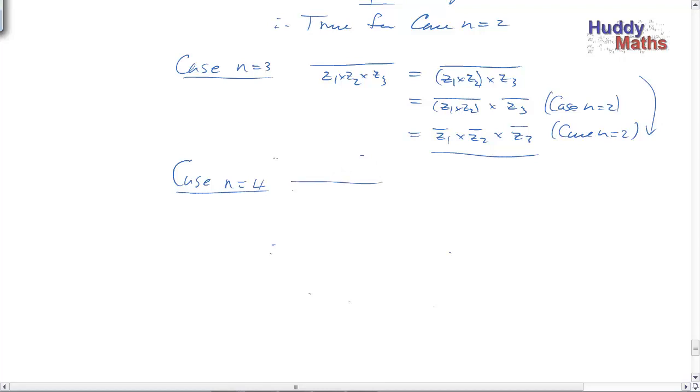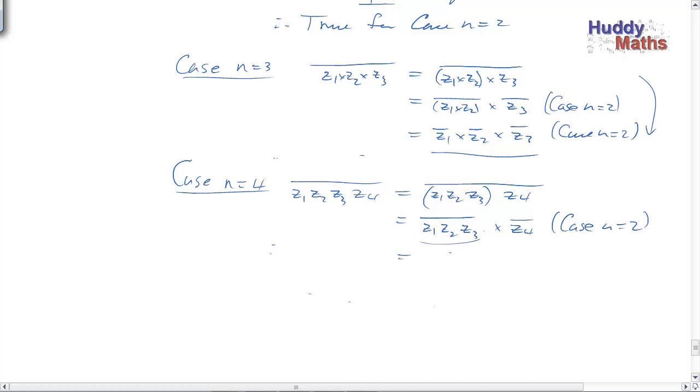So let's go to case n equals 4, Z2, Z3, Z4, using exactly the same pattern, Z1, Z2, Z3, show it's a 2, which can be done as splitting the 2, because we established that with our formal strict proof at the beginning. Okay, case n equals 2. And then, of course, we'll pinch this from here and say we've already established that, and that's going to therefore roll on, and that's case n equals 3.